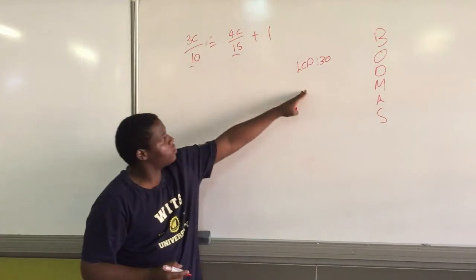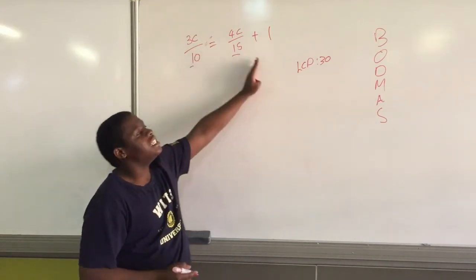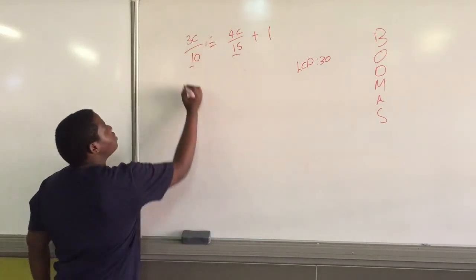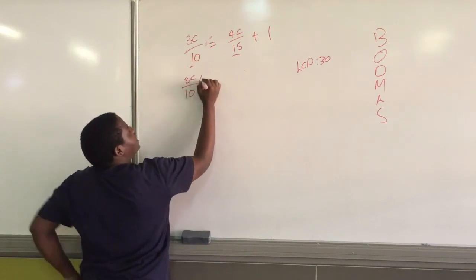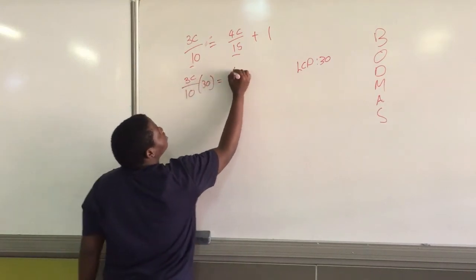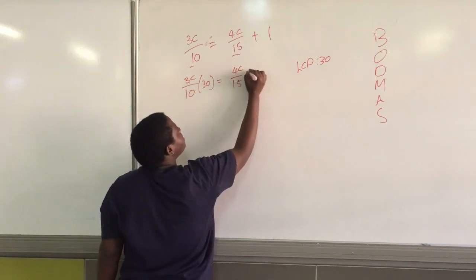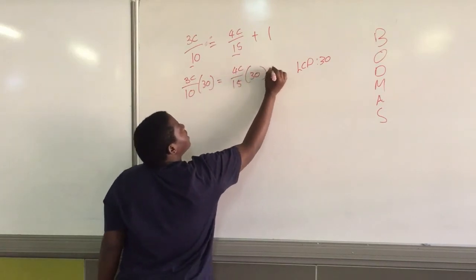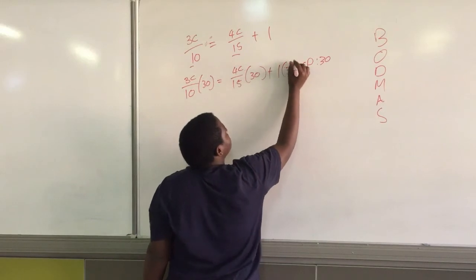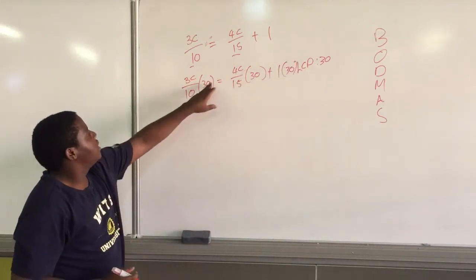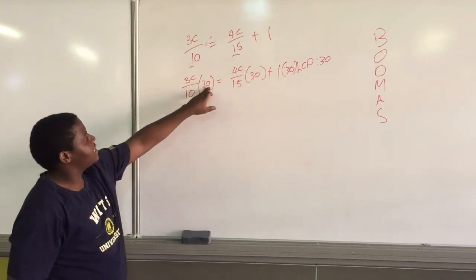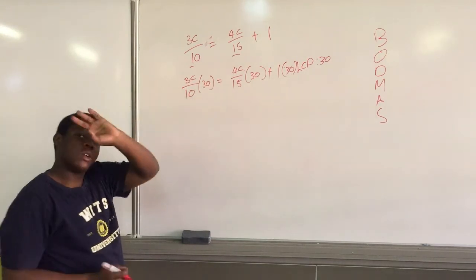You need to take 30 and multiply it into each term. So for example, you'll say 3c over 10 times 30 is equal to 4c over 15 times 30 plus 1 times 30. So if we work here, we know that 10, when it has to go to 30, we'll go 3 times.